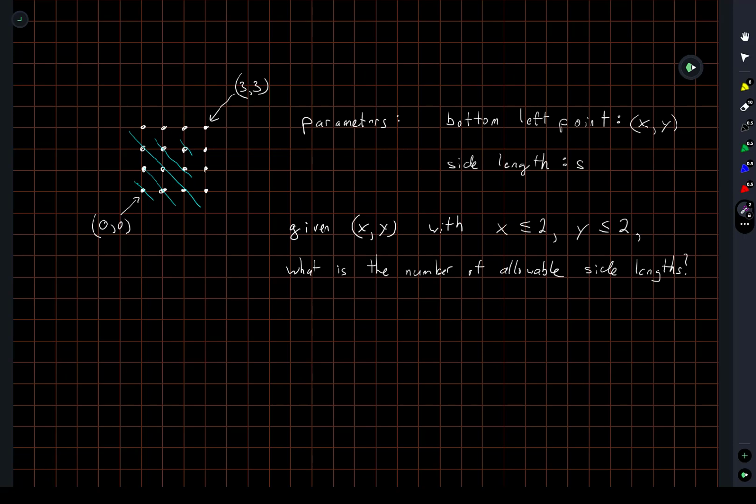Oh wait, no, this is not correct. This is not correct at all. There are 3 different side lengths I can choose for those points. Either of these 2 points has 2 side lengths that I can choose.